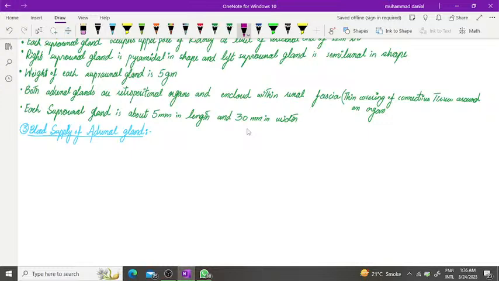These suprarenal glands are highly vascular, and suprarenal glands are supplied by three types of arteries. Those are going to supply the oxygenated blood to the suprarenal glands.